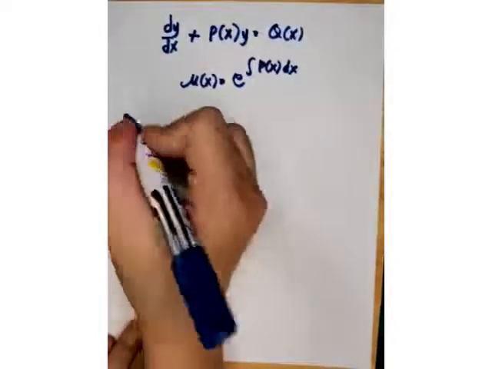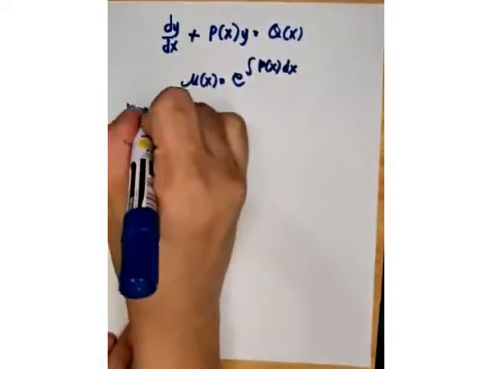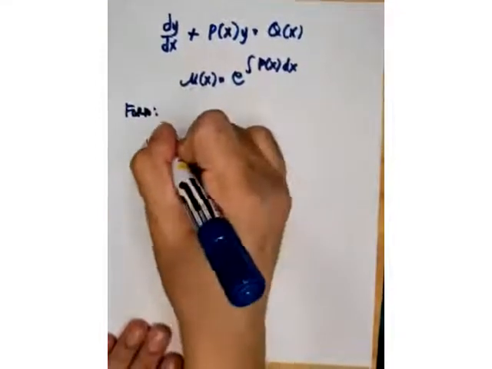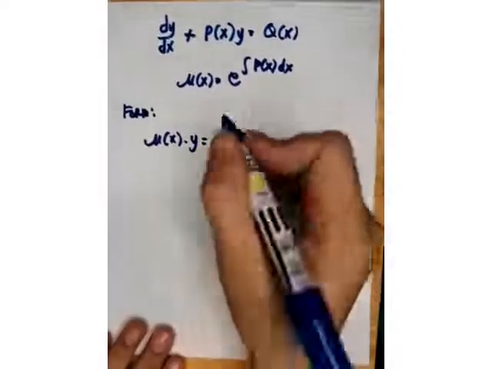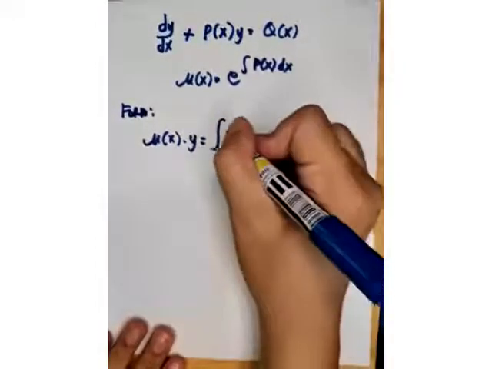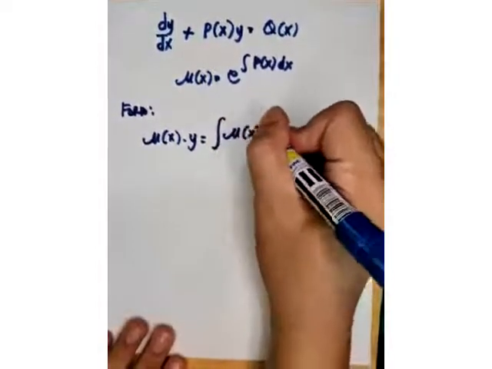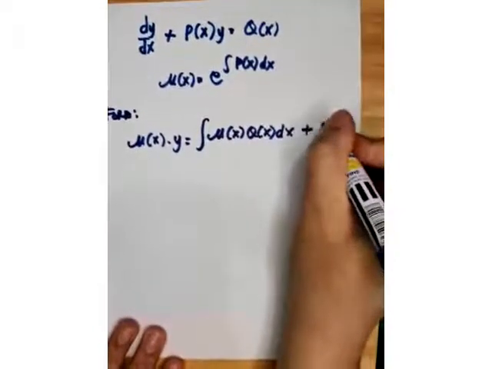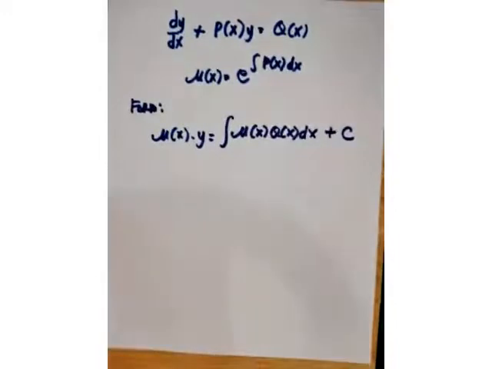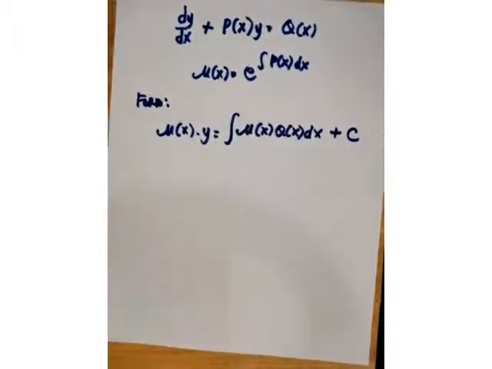Then our formula is mu of x times y equal to the integral of mu of x times q of x dx plus c. So that is our standard formula.